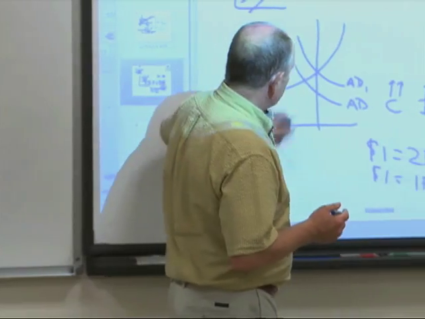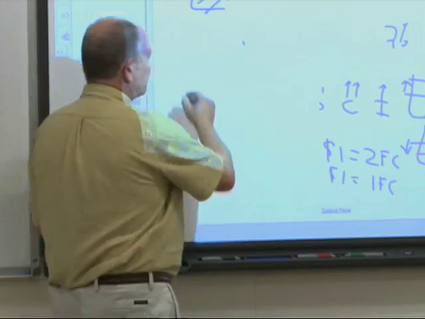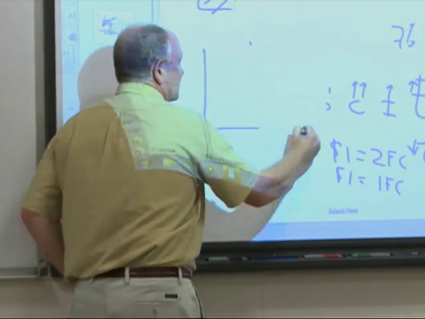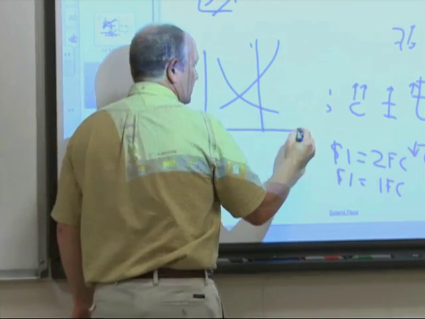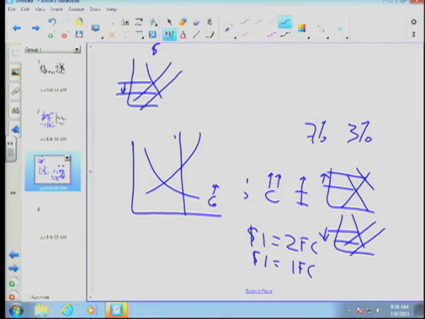Remember that in fiscal policy, I should have left that up there, it was perfect. Government spending, they try to increase, which causes interest rates to go up because they have to borrow it, so they're trying to push it out to here.